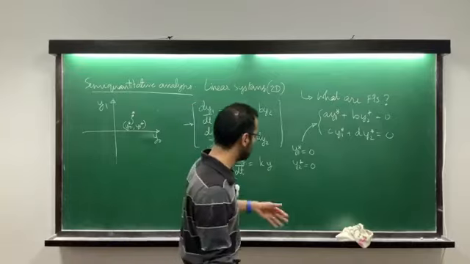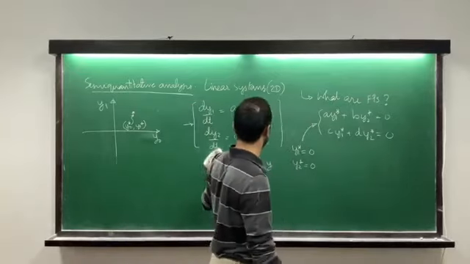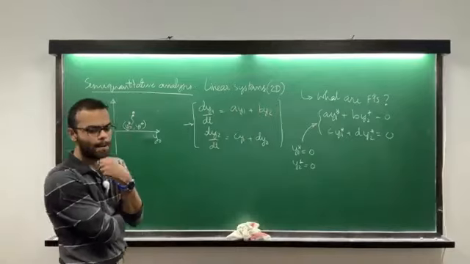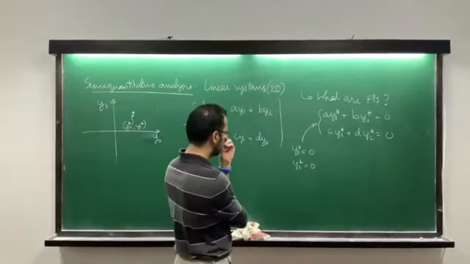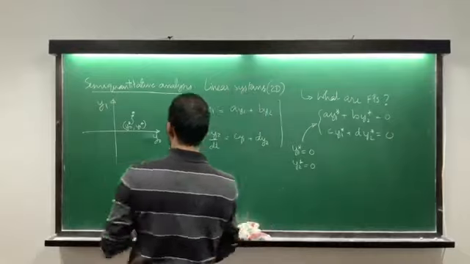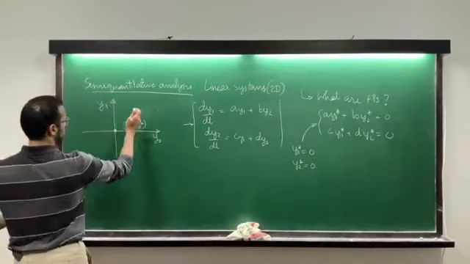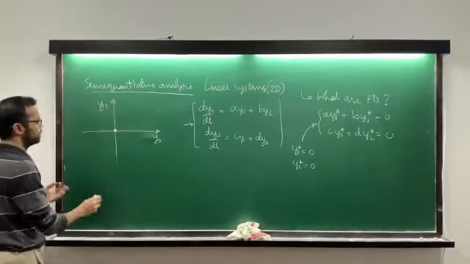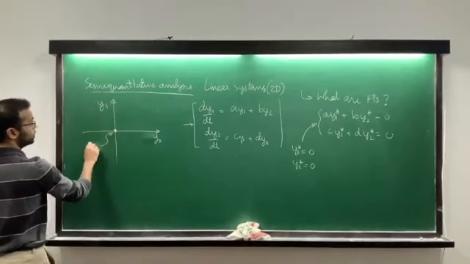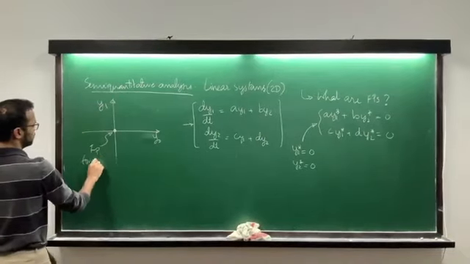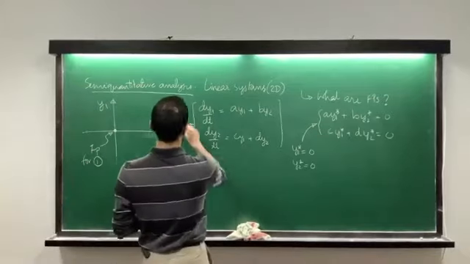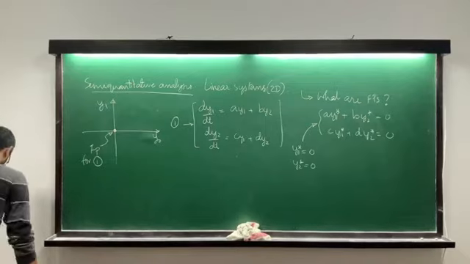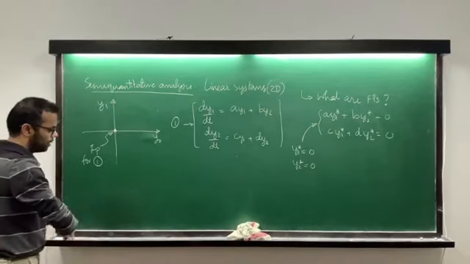So linear systems always have fixed points at the origin. You can clearly see that from here. So the fixed point is at the origin. This I'm going to call 1.